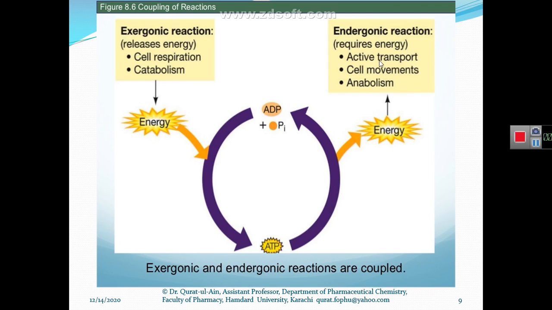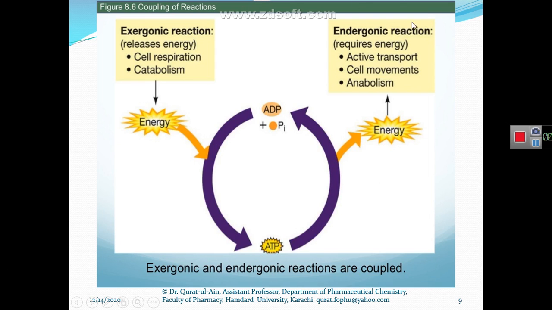And when there is an exergonic reaction, the exergonic reaction releases energy. So this energy is used for the active transport of different materials in our body, for cell movement, and for anabolism, that is the joining of smaller molecules into bigger ones.